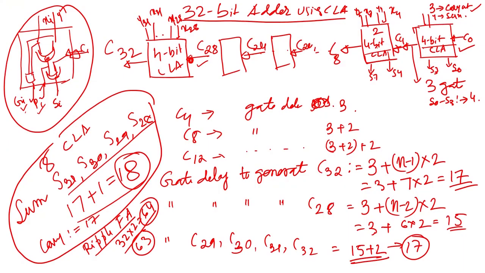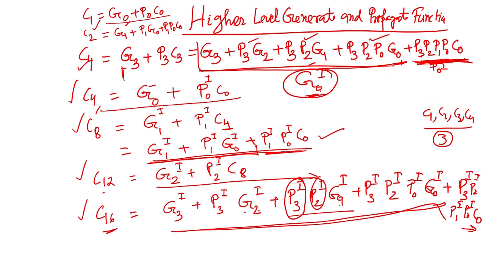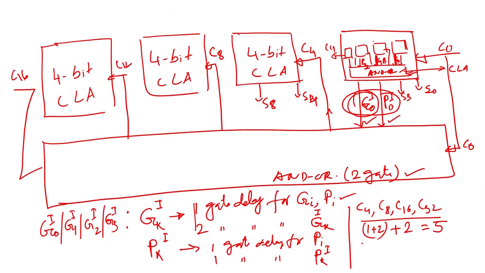So, earlier what we said is that for carry out it is taking 17 gate delay, right. If you move back, somewhere it is taking 17 gate delay for carry, but here we are generating C4, C8, C12 and C16 with only 5 gate delay.